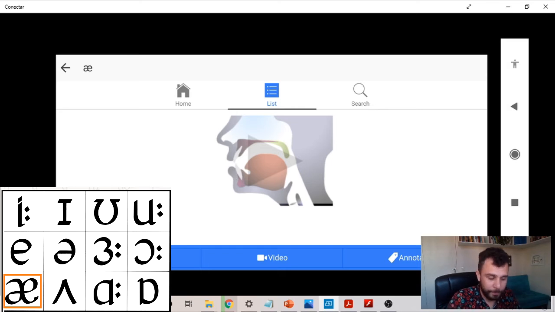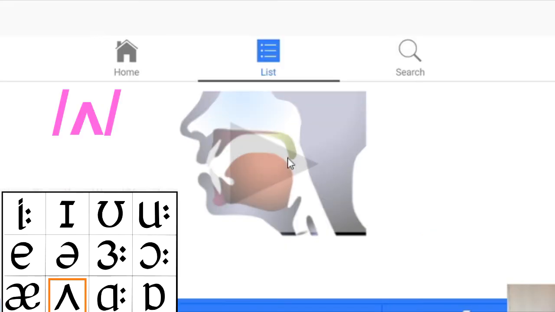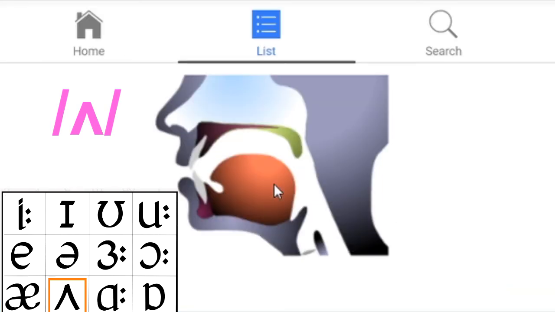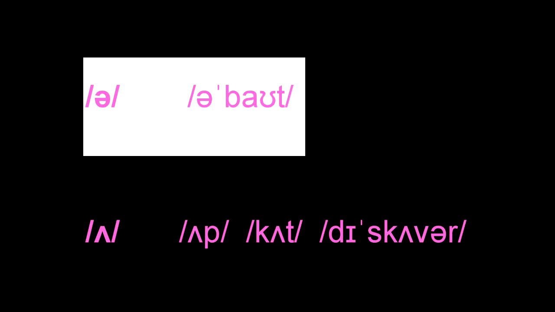opens a little. Now, speaking of the schwa sounds, you will understand later that this sound, isolated, is realized just like the schwa sound in the same places. But because the schwa sound is a weak sound, it doesn't appear in stressed syllables, only in unstressed syllables, like about.